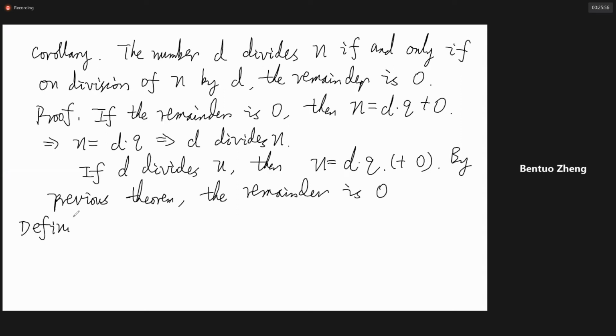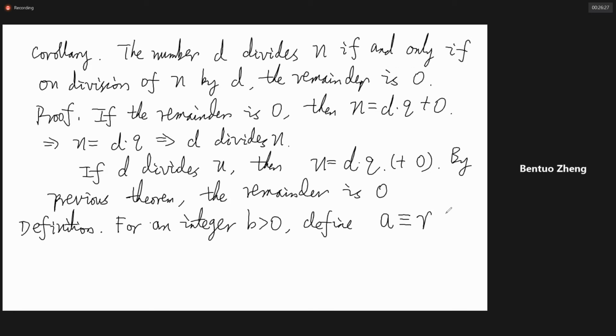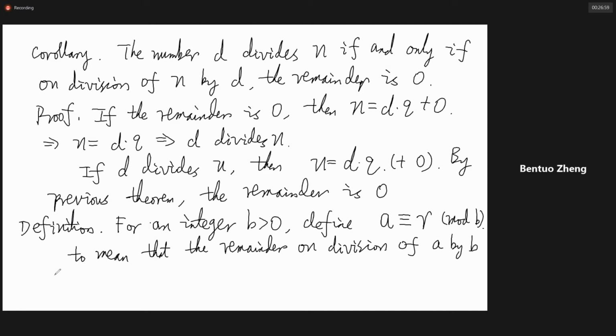The definition is, for, say, an integer b greater than 0, we can define a, we use triple bar, is equal to r and write mod b to mean that the remainder on division of a by b is r.